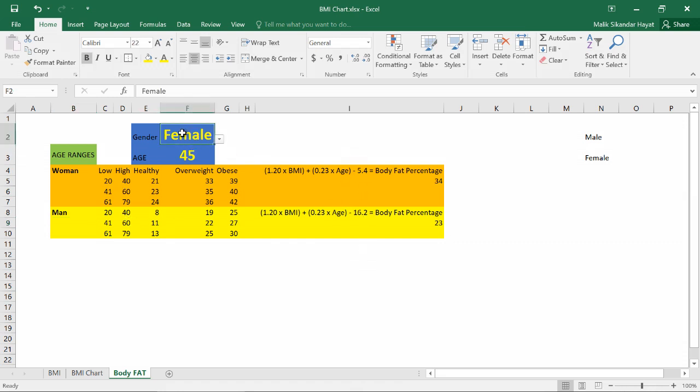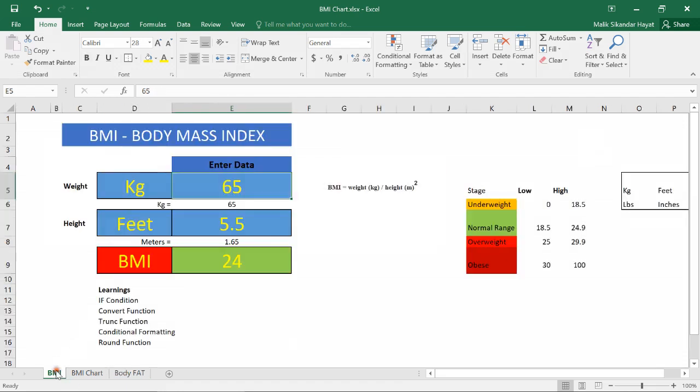So okay, let's say for example here in this case we have a female, and age is 45 and her weight is 65, height is 5.5, BMI is 24.